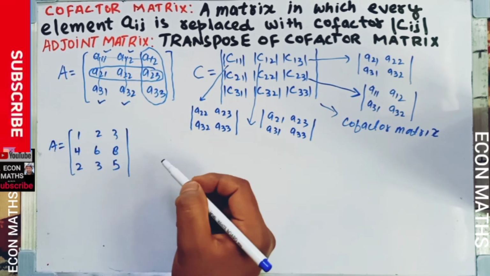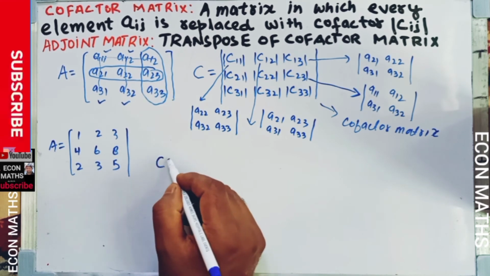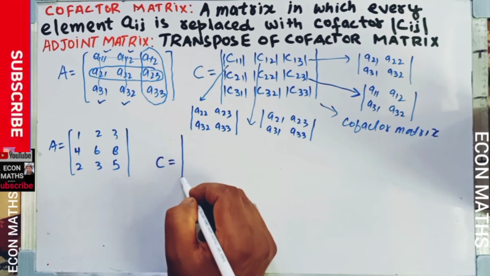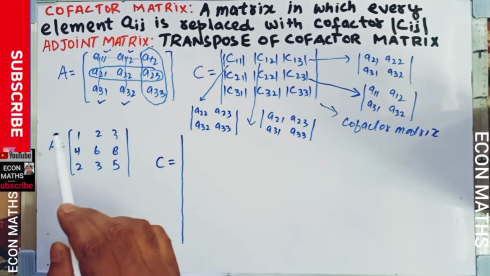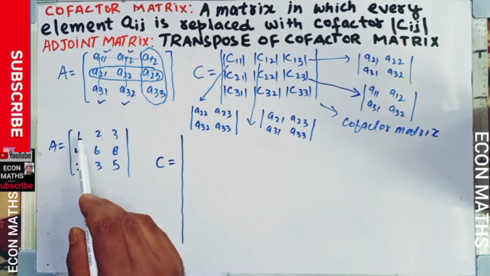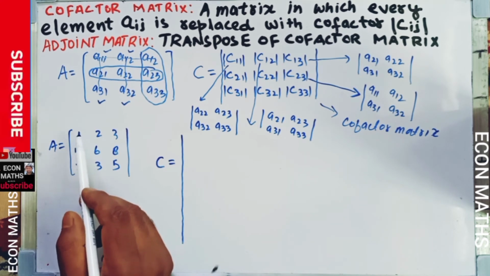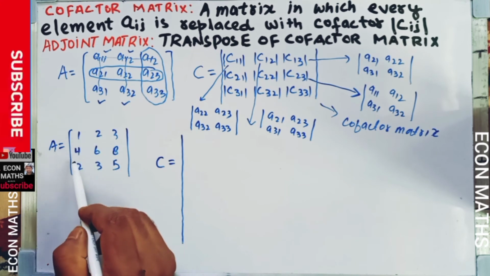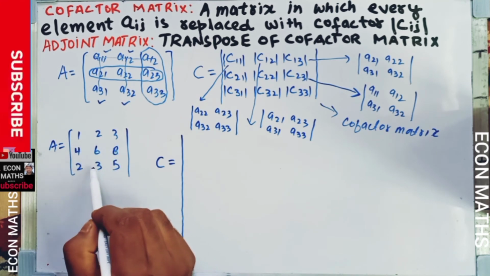Now the cofactor matrix will be C equal to, where we replace every element here with its cofactor. The cofactor of the first element is, we delete the row and the column in which it appears and take the subdeterminant of the remaining elements, that is 6, 8, 3, 5.